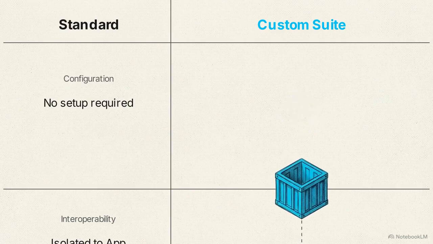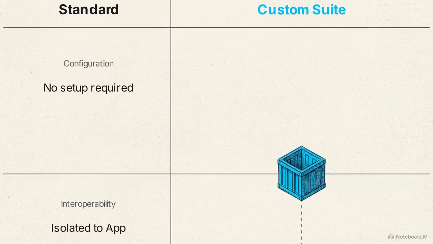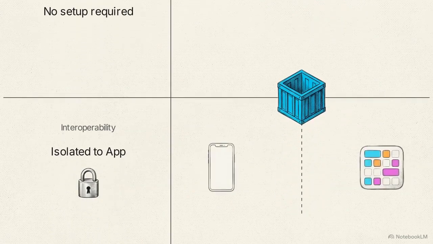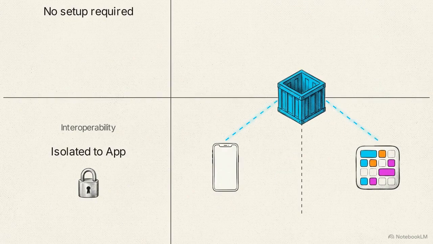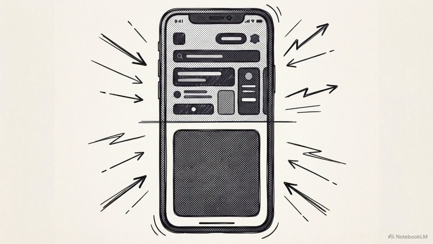The reward for that effort is that iOS provisions a completely separate shared storage container that exists outside your main app's strict sandbox. In the interoperability row, we now have a verified data bridge connecting your phone app and your widget. Both the main app and the app extension can simultaneously read and write to the exact same preference file without being blocked by the system.